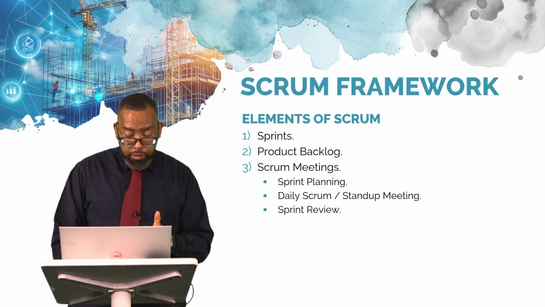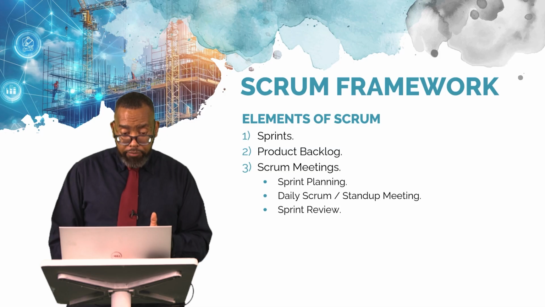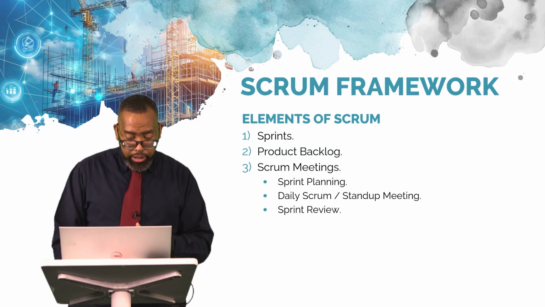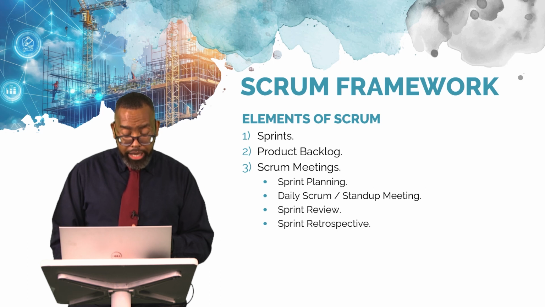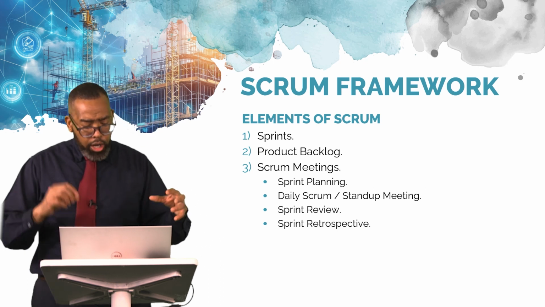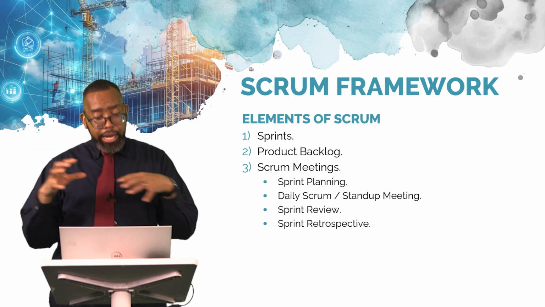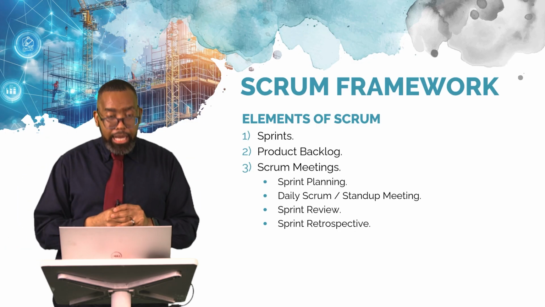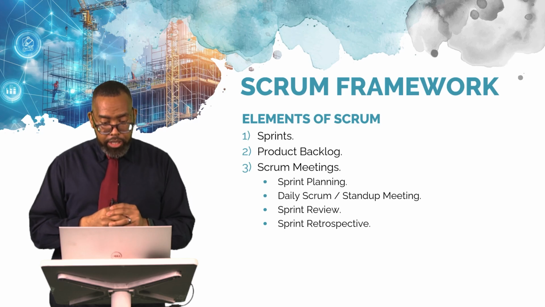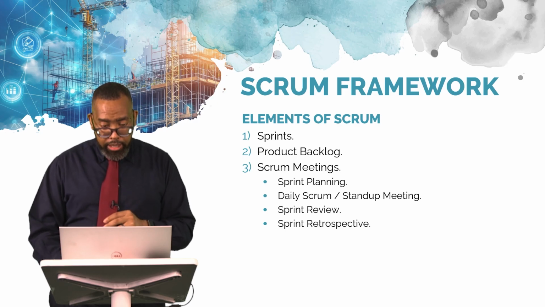Then you've got the sprint review, which happens at the end of the iteration, and the sprint retrospective, which also happens towards the end of the iteration. All of these different elements, together with the different role players, effectively make up the Scrum framework.